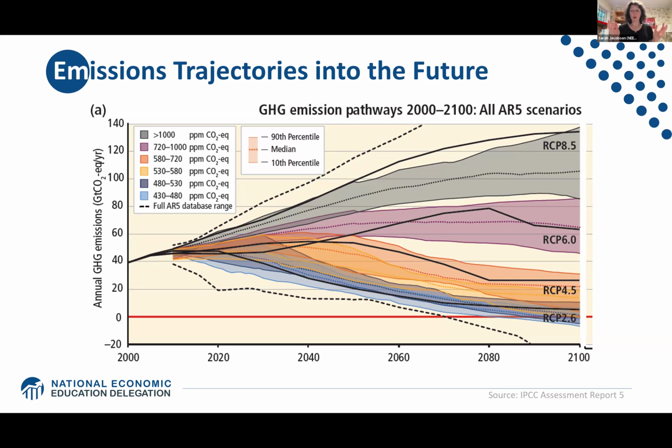So I don't know what path we're on right now. I don't think any of us knows what path we're on. We do need more policy, most likely, relative to where we are right now. But the good news is that things are not as bad in terms of emissions trajectories as they were a few years ago.